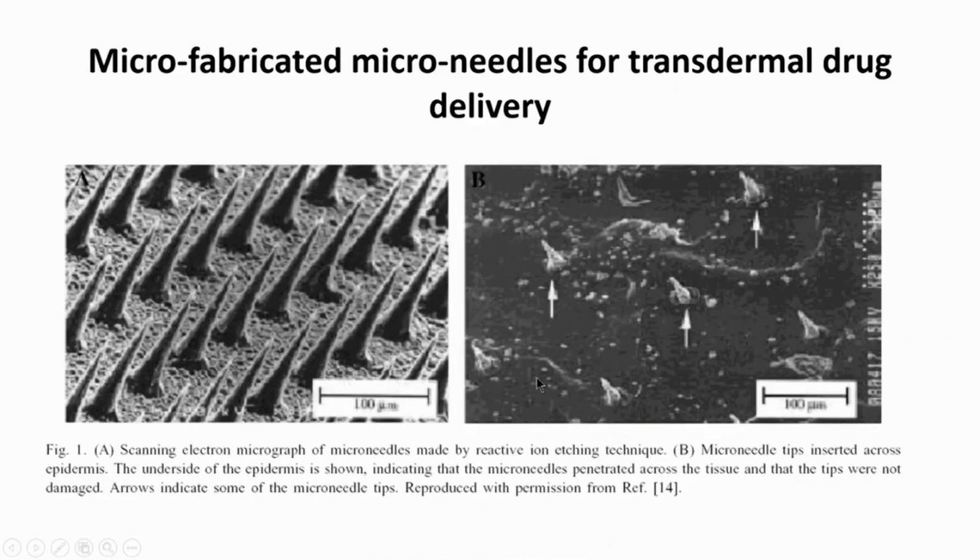So, here are some more images. This time we are looking at an SEM micrograph of these microneedles. Again, here is a side view, and you can see several of these microneedles, and if you look at the scale bar, we are talking about the length of these microneedles from anywhere between 50 to 100 micron.